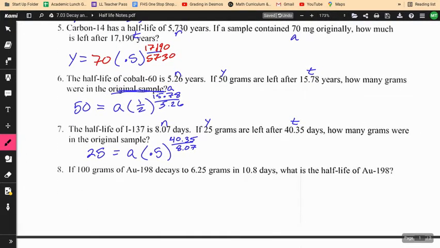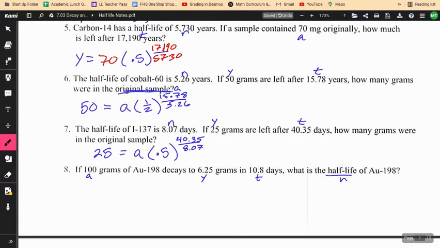And then number 8, if 100 grams of Au-198 decays to 6.25 grams, which is Y, my final amount, in 10.8 days, T, what is the half-life of Au-198?